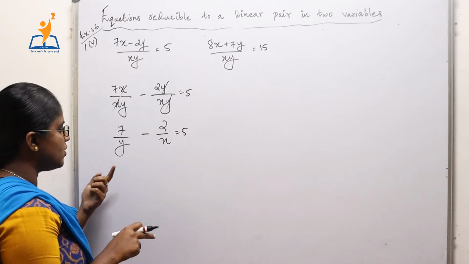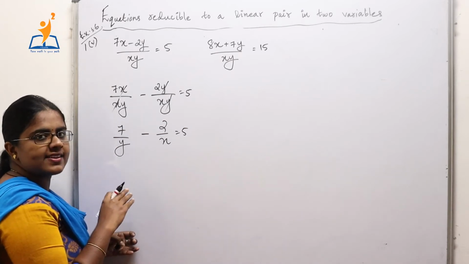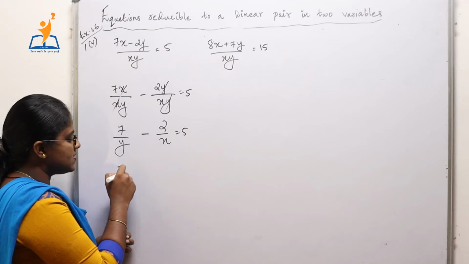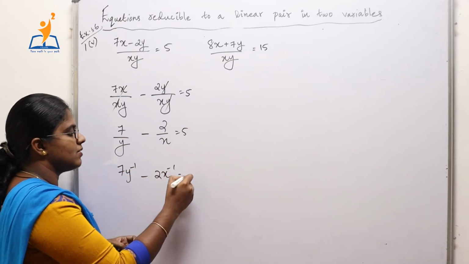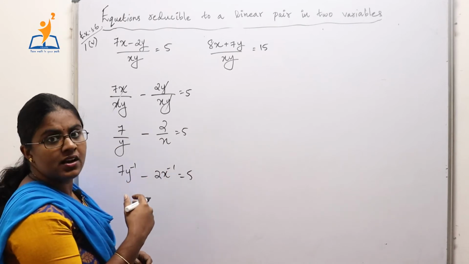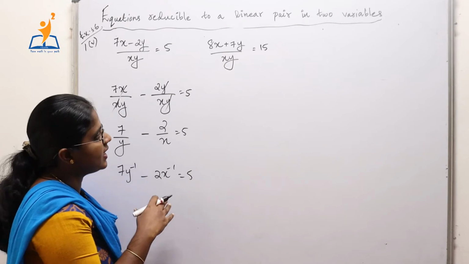So looking into this equation, we can find that the powers of y and x are not 1, because this is 7y raised to minus 1 minus 2x raised to minus 1 equals 5. So the powers are not 1. So these equations are not linear equations.